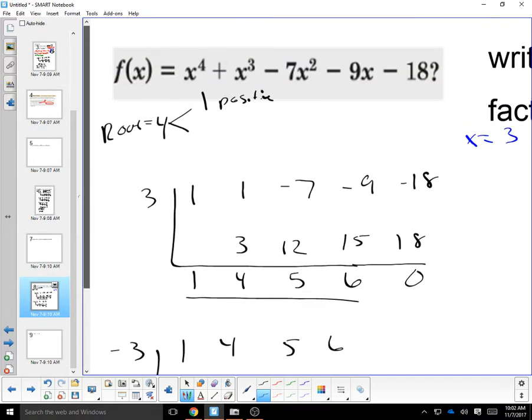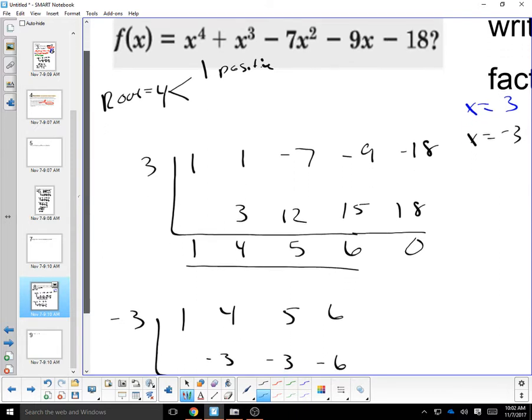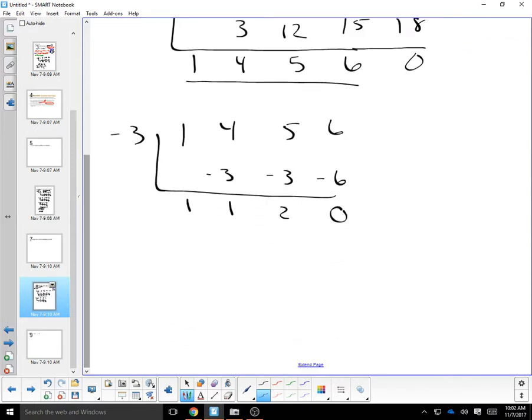So there's my other one. X is equal to -3. Okay, do it again. X squared plus x plus 2 is what I've got remaining. We're supposed to get 4 roots. Now that could be a combination of real or complex numbers, or imaginary.